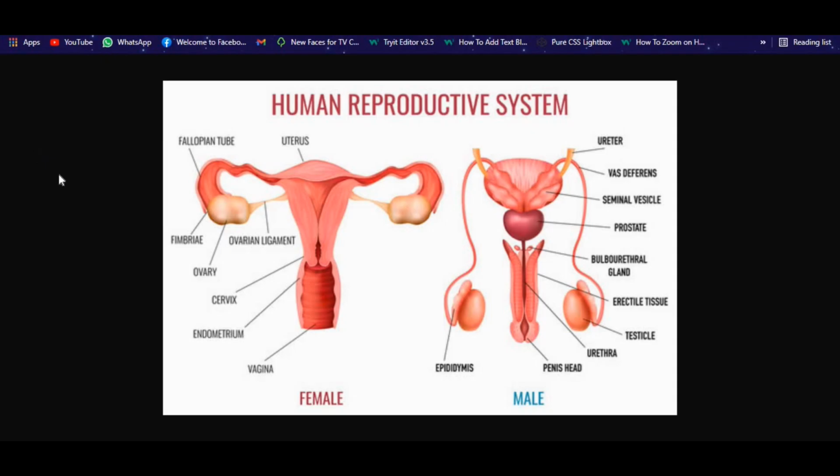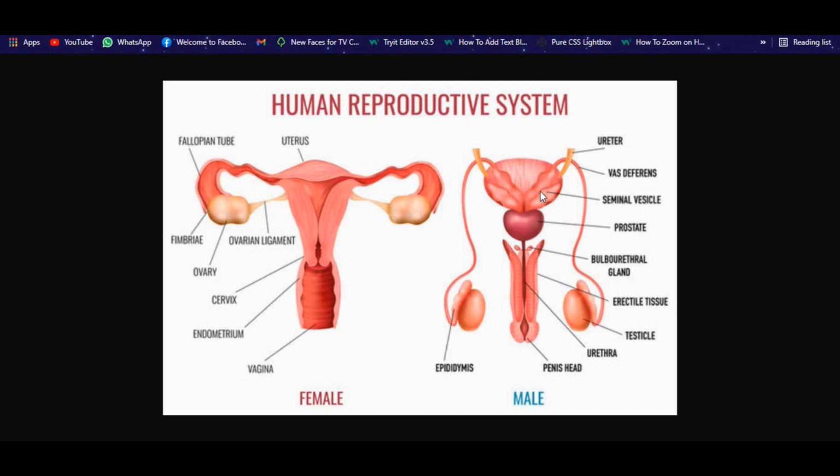So this is what we looked at, the reproductive system of male and female, with the different components. This one is a little more detailed. Of the male and female reproductive systems, we have the penis of a male, the vagina of a female, the testicle, and the urethra that runs all the way down to the prostate, which is attached to the seminal vesicle, with the bladder in the middle, which holds your urine.